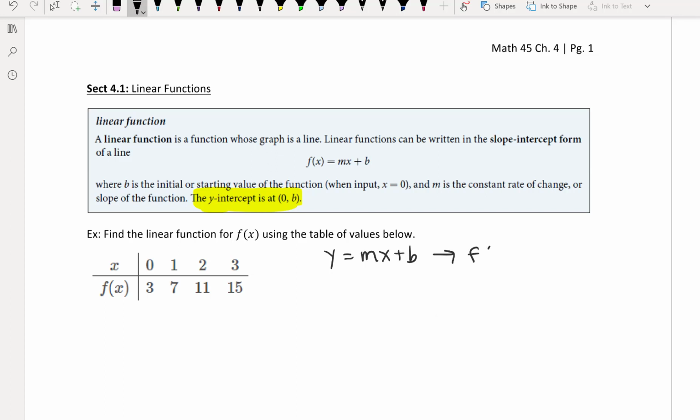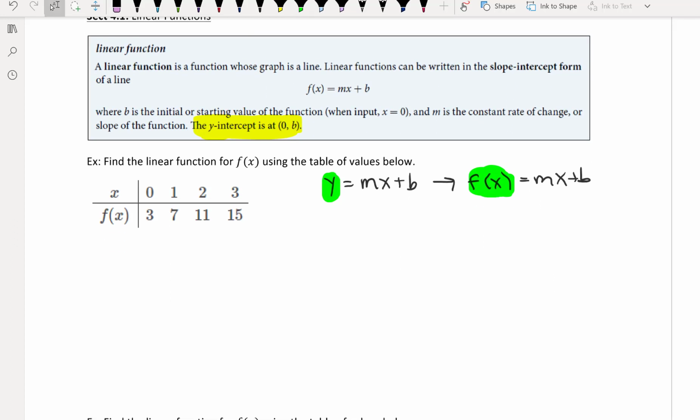And later on, we can change that to f of x is equal to mx plus b, so that our y value is the same as our f of x value. There's really no difference there, other than it's telling us, hey, this is specifically a function, okay? So let's think about what we know. Well, we know that when we have the y-intercept, we have that special ordered pair (0, b), where x is equal to 0, and b is equal to any number.